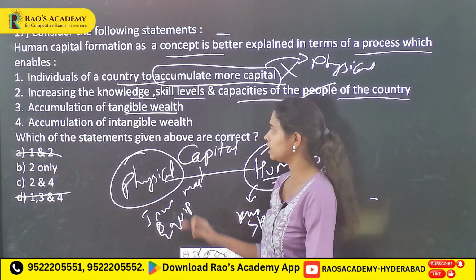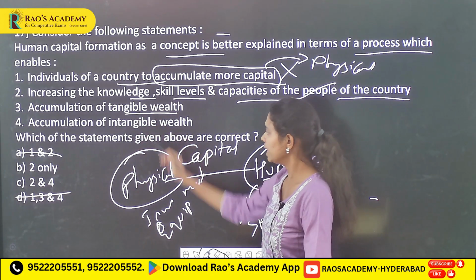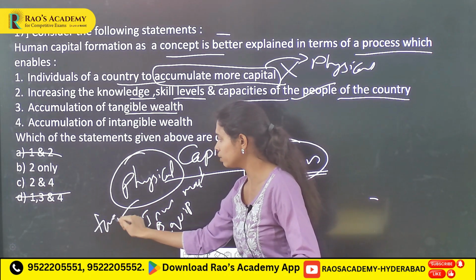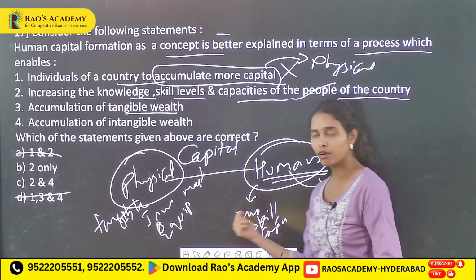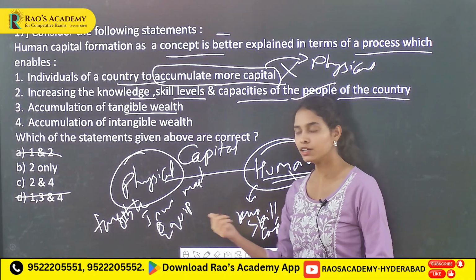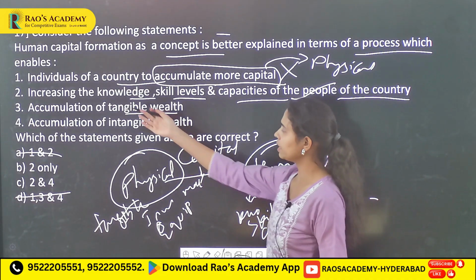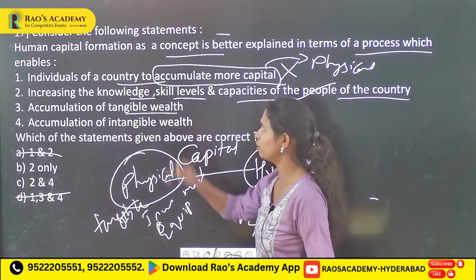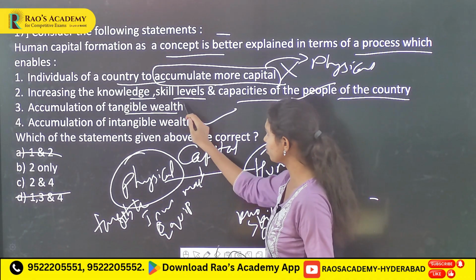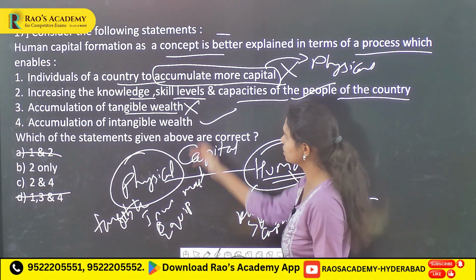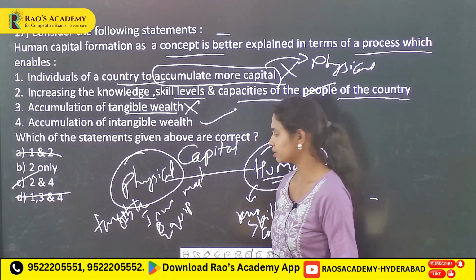If you see these two terms, tangible wealth and intangible wealth, the physical one refers to tangible wealth, whereas the human, that means skill, knowledge, all of these abilities, are intangible in nature. As it has asked about human capital formation, which talks about the accumulation of intangible wealth, it is 4, not 3. So options 2 and 4 are the correct statements with regard to human capital formation.